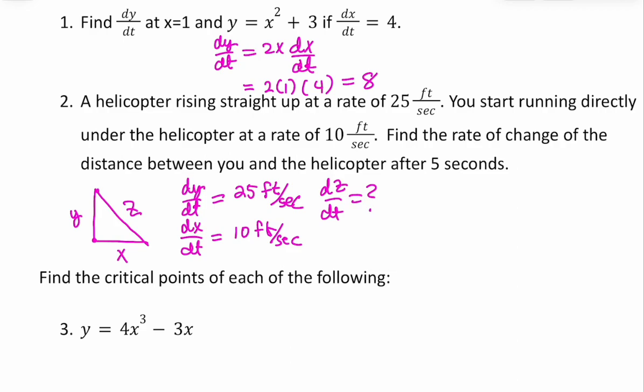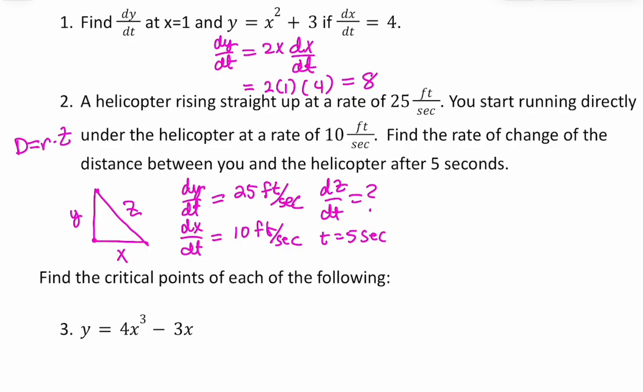Now they also told us that we are looking at when the time is 5 seconds. So if you remember your basic equation, distance equals rate times time. For our distance x, I've gone 5 seconds at a rate of 10 feet per second.